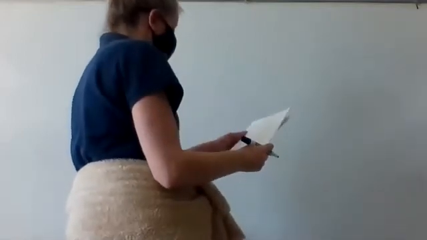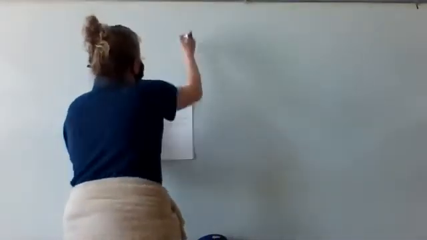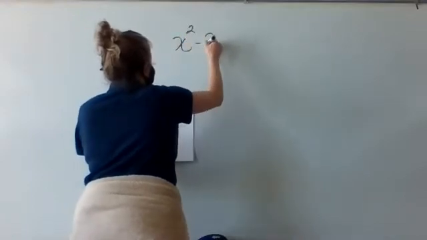All right, number 7 gives me the function x squared minus 2x minus 8 equals 0.